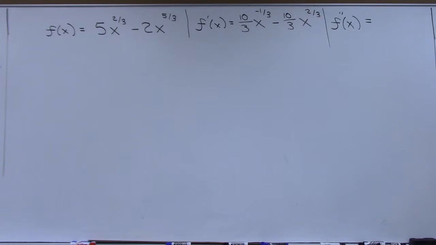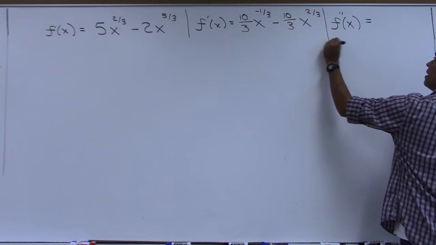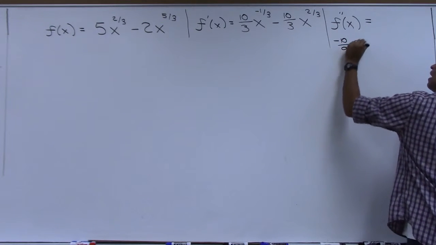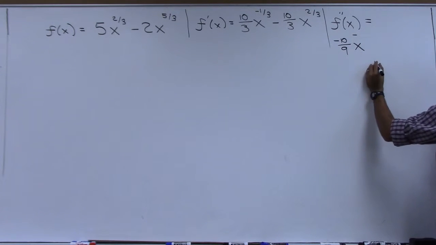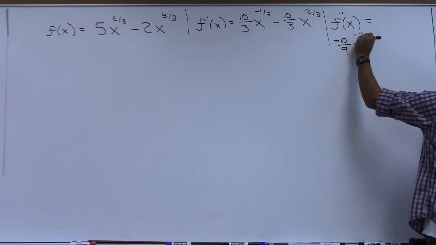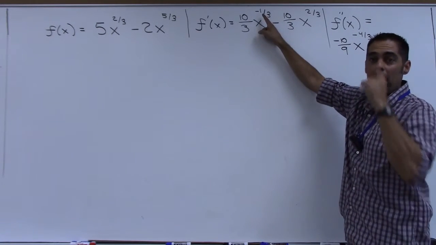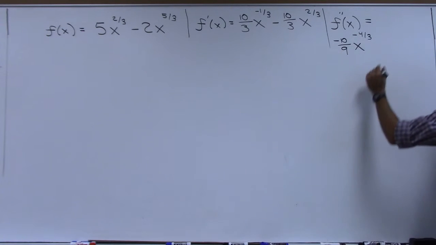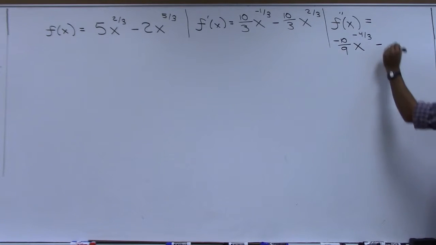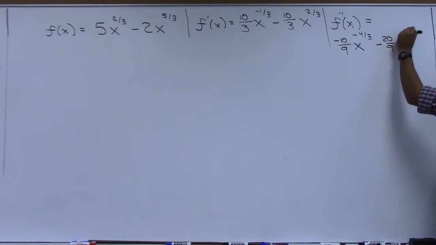Which is what? Negative 10/9 x to the negative 4/3. Look, I'm bringing the negative 1/3 out and subtracting 1 from that. Minus 10/9 x to the negative 1/3.